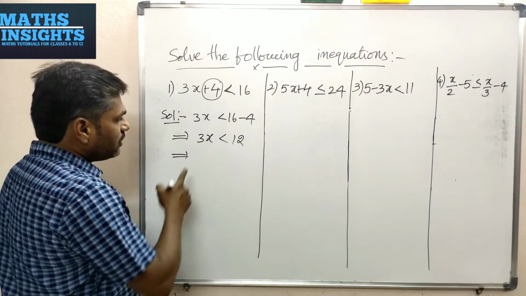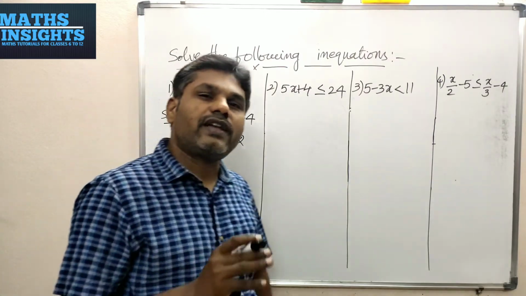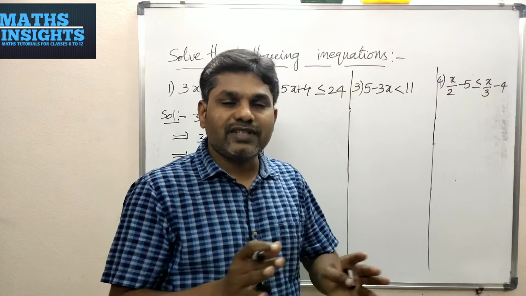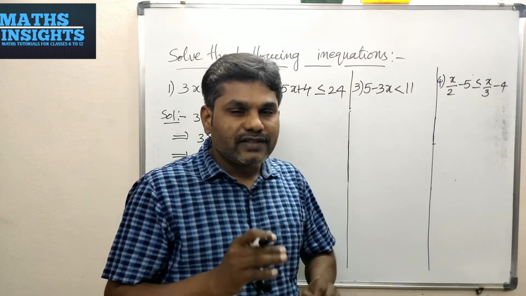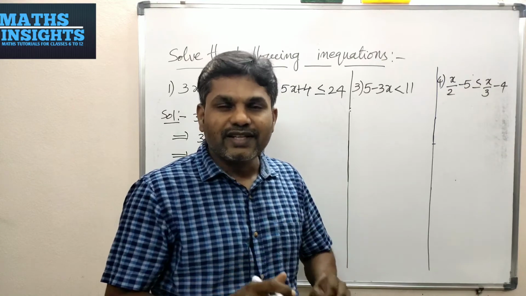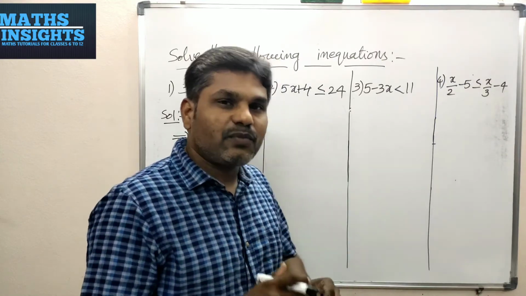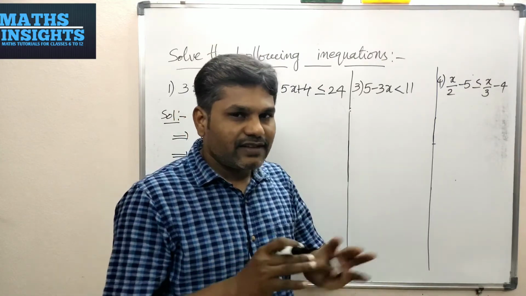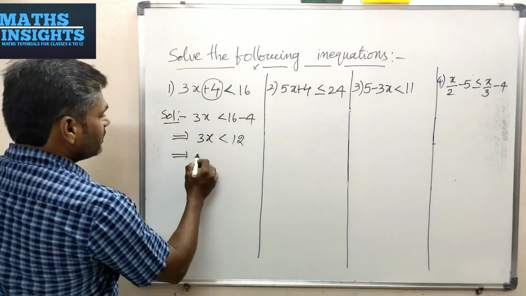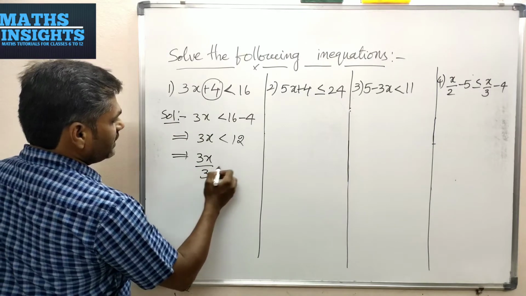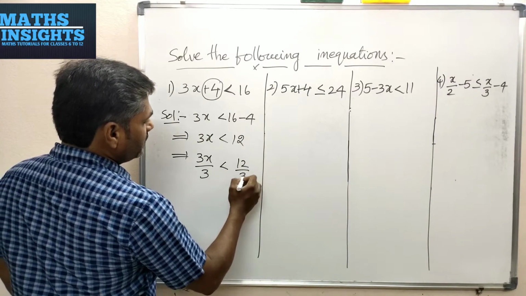Now I want the value of x, where it lies, but you have 3x. So to remove 3, you have to divide by 3 on both sides. Since we are dividing with a positive number on both sides, there is no change in the sign of inequality. So 3x by 3 less than 12 by 3.